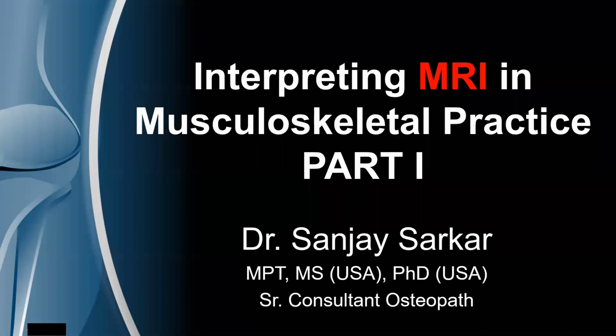You have already done history taking. You have already done your evaluation like ROM, strength testing, or if it's a neuro case, the extensive neurological evaluation that you know how to do. For orthopedic cases, you have done your orthopedic special tests. So you have come to 3 or 4 conclusions as to what the pathology or the diagnosis could be.